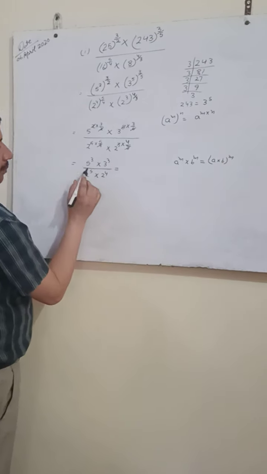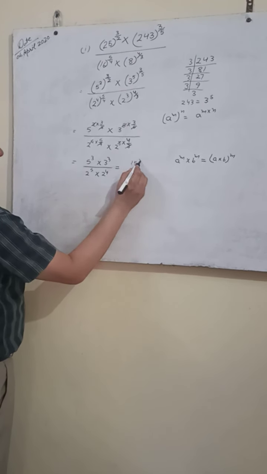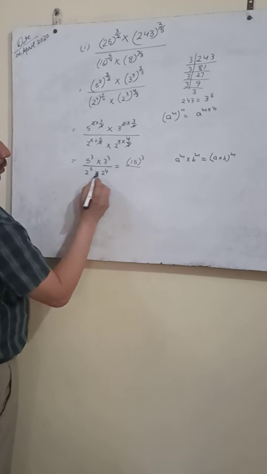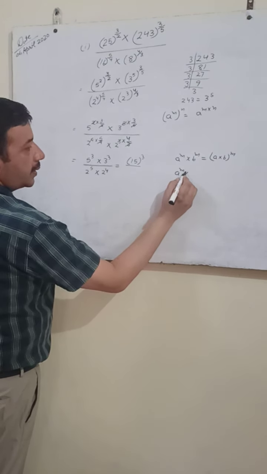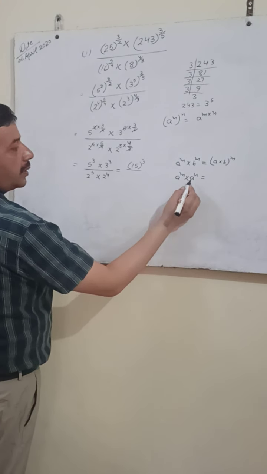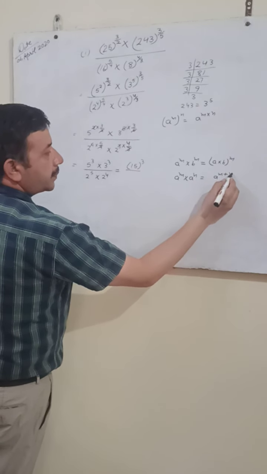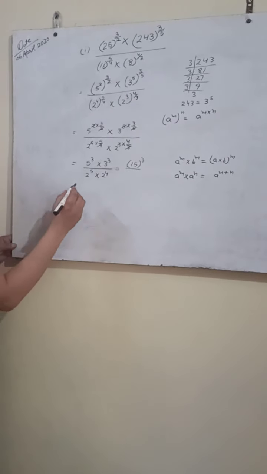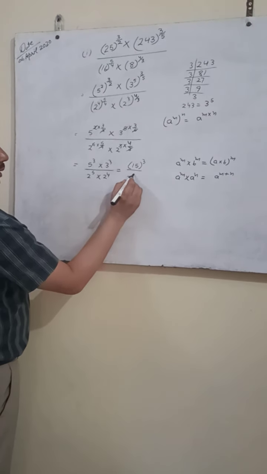Using this rule, we find that 5 into 3, that is 15 power 3, upon 2 power 5 into 2 power 4. For a power m into a power n, when the bases are equal, the powers are added on multiplication, m plus n. So here it is 2 power 5 plus 4, that is 9.